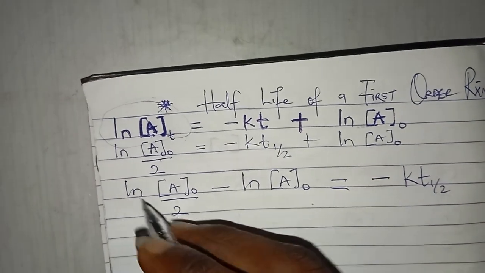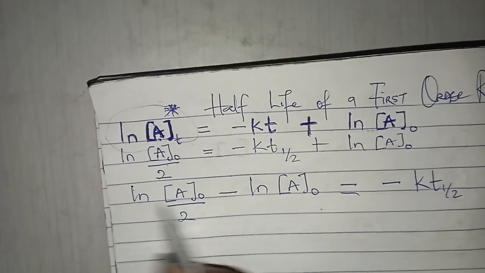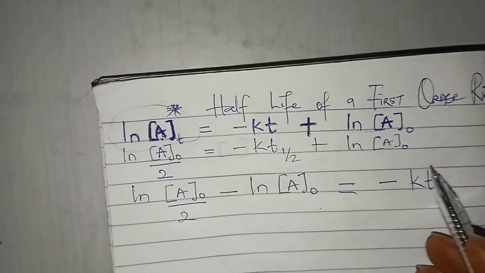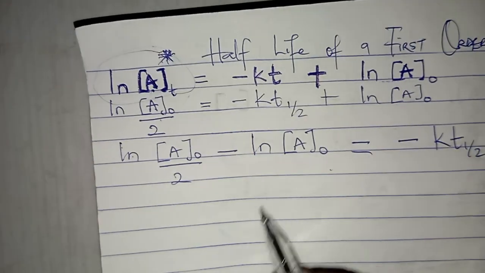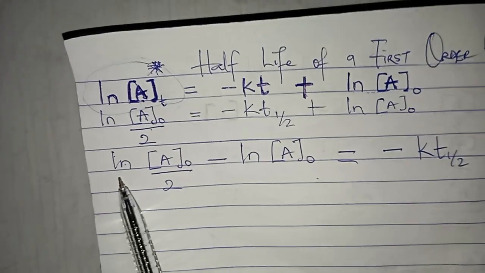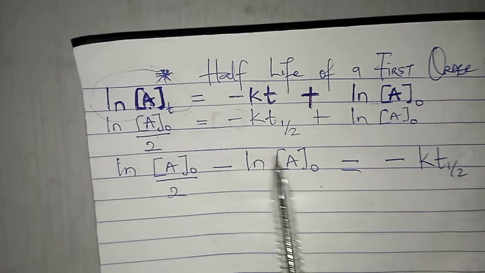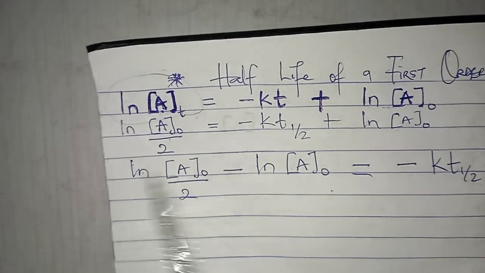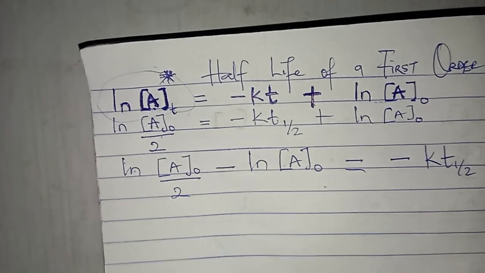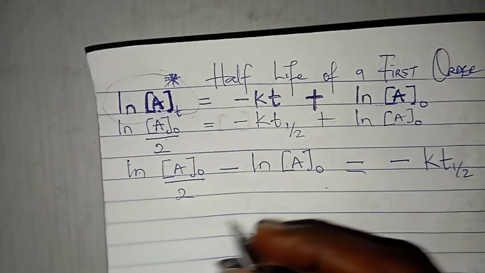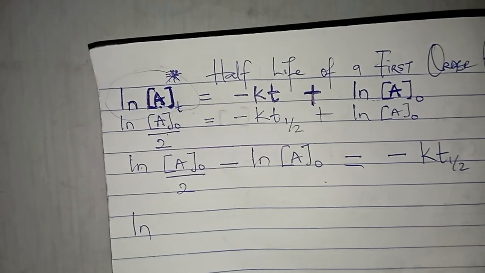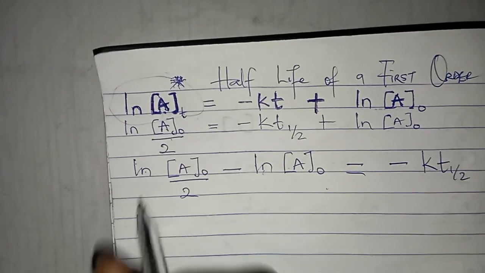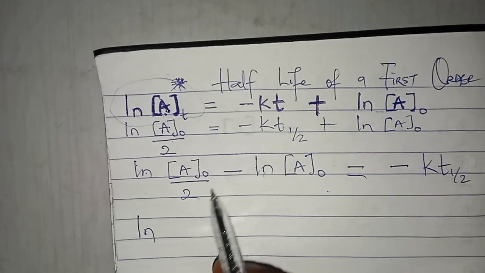So you can very well see that this ln is natural log. Anytime you see this ln, some of you feel it's strange. No, always treat it the way you treat logarithm. And there's a law in logarithm, the division law, that says that whenever you have a log minus another log, you can simply divide. Since they have ln and ln, you can just make it one ln, then divide.